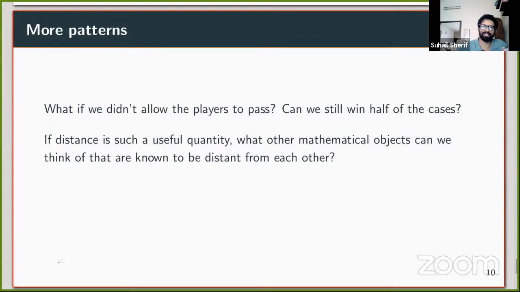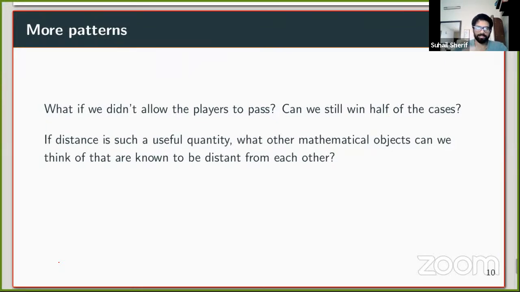Yeah, that is true. Tomorrow, I believe you will be seeing some other mathematical objects which we're already familiar with and that are known to be distant from each other. So we should definitely attempt. Very cool stuff. Yeah, that's it, I guess.